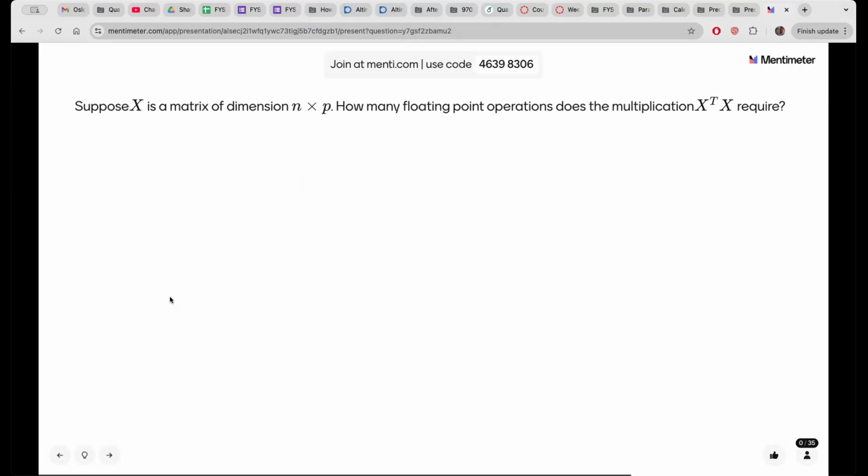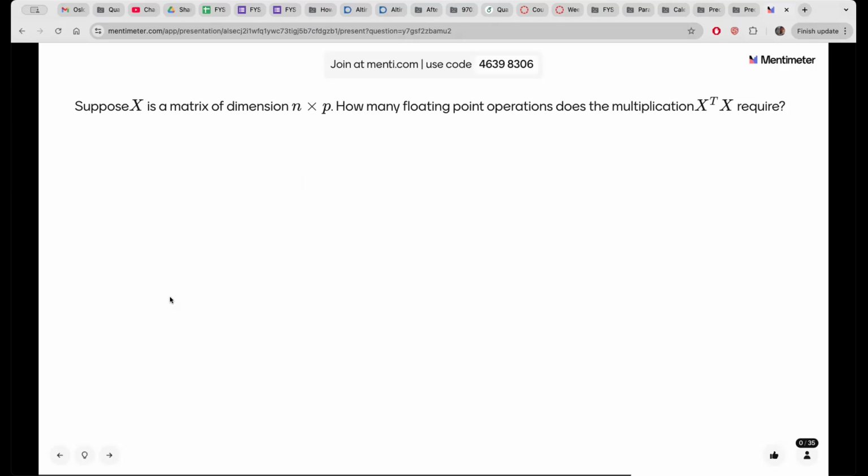If you now think of this matrix X transpose times X, there is something we call floating point operations. When you count floating point operations, we are very democratic, because then we say that addition, subtraction, multiplication, and division are just one floating point operation each. But normally addition and subtraction are cheaper than multiplication, division, and square roots, etc.